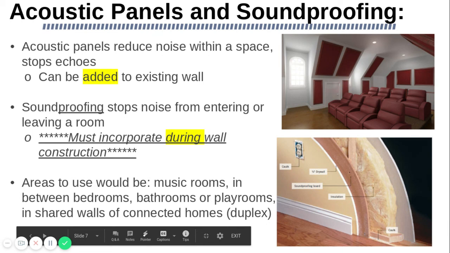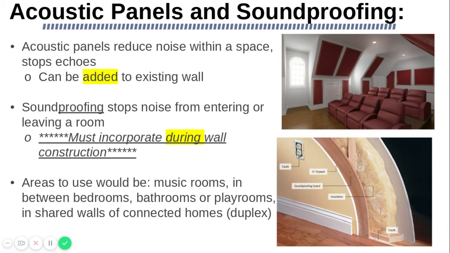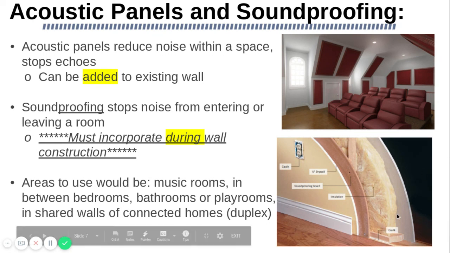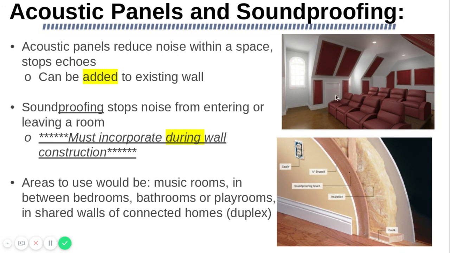So if your walls are already built and then you decide, I'm going to change this bedroom into a recording studio after my kid leaves home, you would have to tear the whole wall out and put soundproofing inside of it and build the wall back. So that's not as cheap, that's not as easy, but it's more effective than the acoustic panels up here.